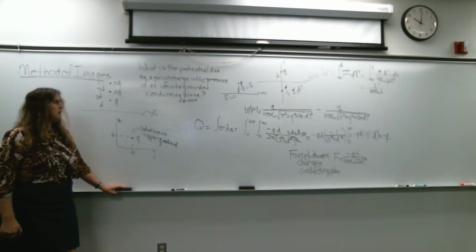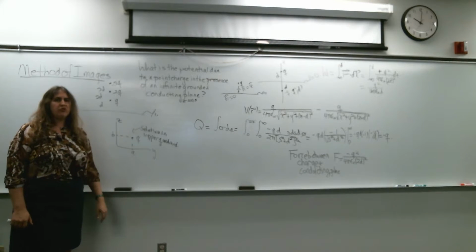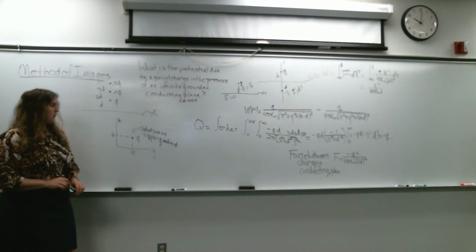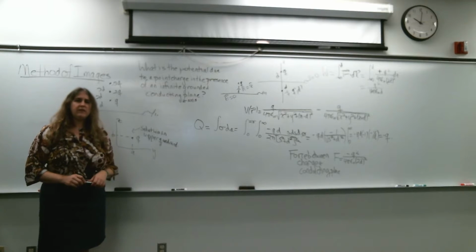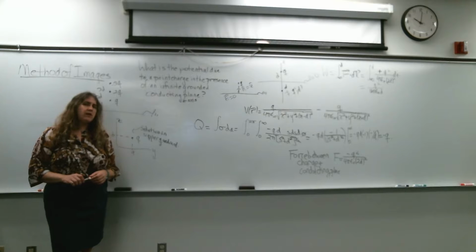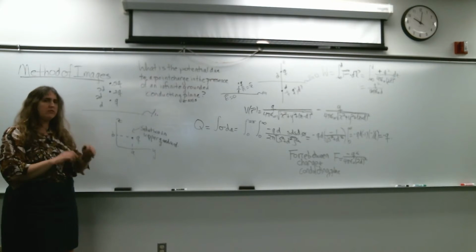And you can go on and figure out such things as charge induced, force on charges, and so forth. So those are good exercises to work through. Another kind of problem to solve is what if you have a point charge in the presence of a conducting sphere? How do you go about solving that? So let's do that one next.